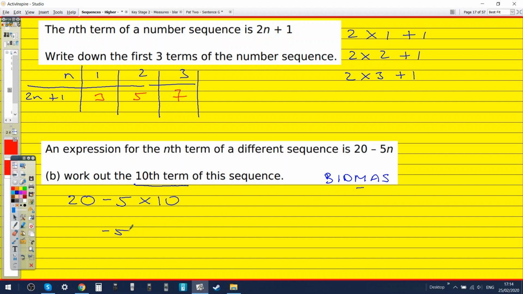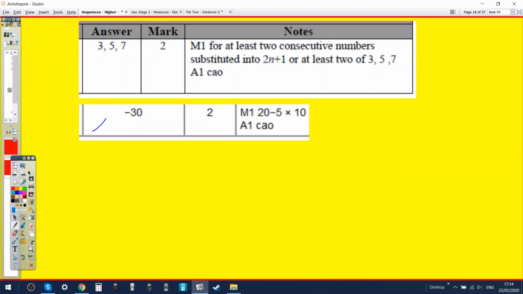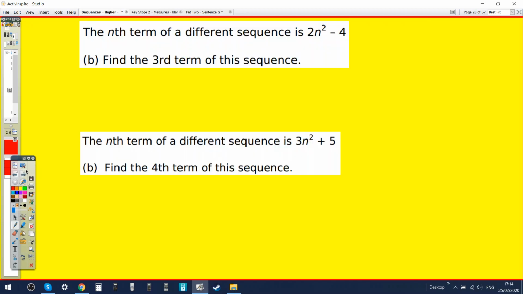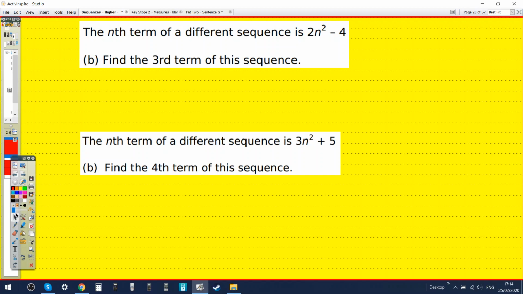And 50 take away 20 is 30. 20 take away 50? Minus 5. Well done. So for the 10th term, just substitute 10 for n. Okay, let's try these.